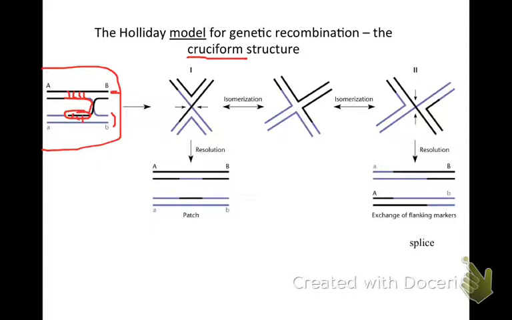Now what Holliday proposed is that if we look at how the DNAs are arranged in this configuration, first we can see a structure that looks like this. That's just looking at the crossover event here. We're putting that in the middle, and the DNA up here is shown here.